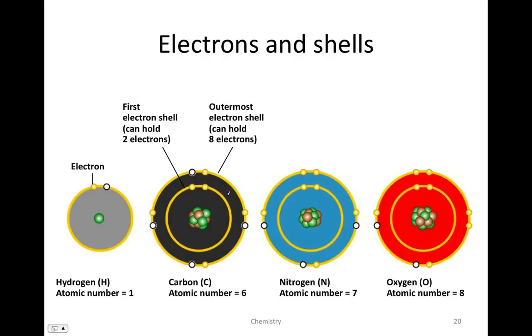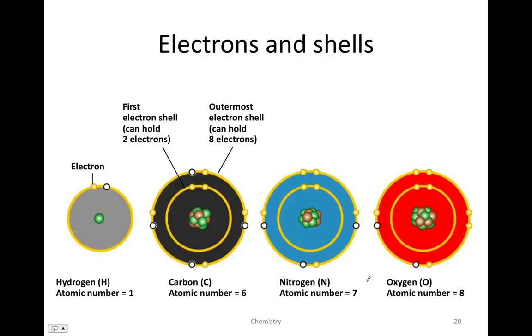So here we have some representatives of different atoms. We include carbon here. Carbon, we said, has atomic number 6, so it has 6 protons. It will probably have 6-ish neutrons as well. And when it has no charge, when it's not an ion, it will have 6 electrons. 1, 2, 3, 4, 5, 6. Hydrogen has 1 proton, usually doesn't have any neutrons, and it has 1 electron when it has no charge, when it's not an ion.